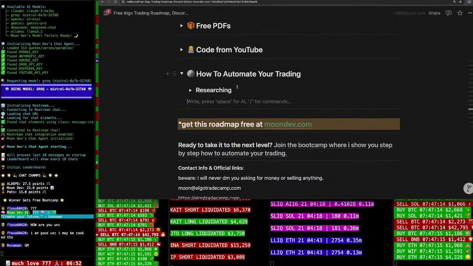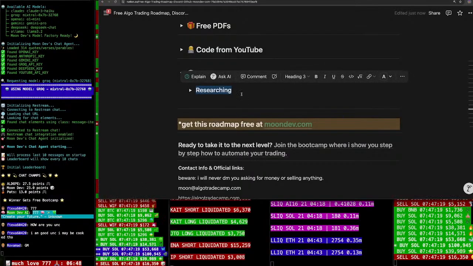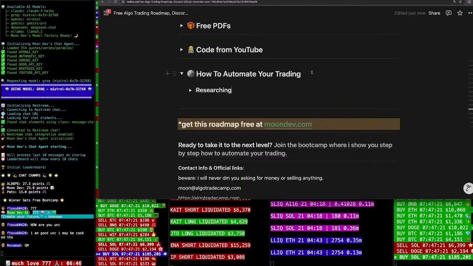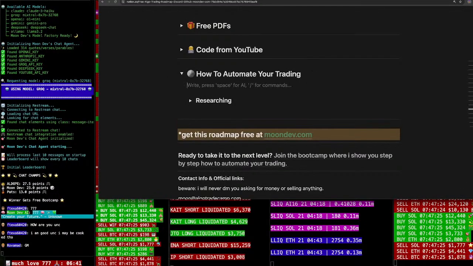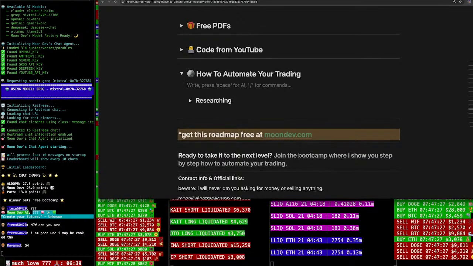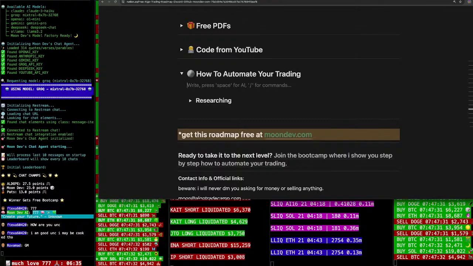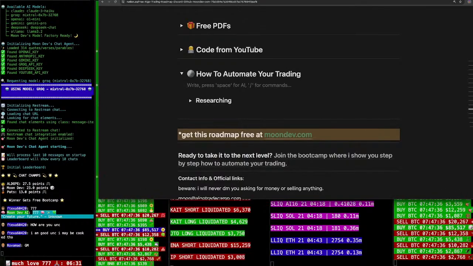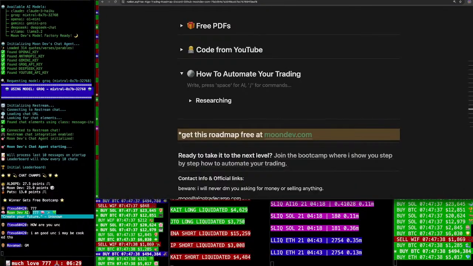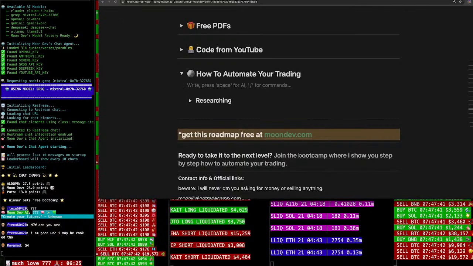Research. So how to automate your trading. It comes down to three things, dude. And I explained this quite a bit, but automating your trading comes down to three things. Everybody wants to build a bot straight off the start, but in reality, that is not a good approach because not every strategy that you build into bots will be profitable.